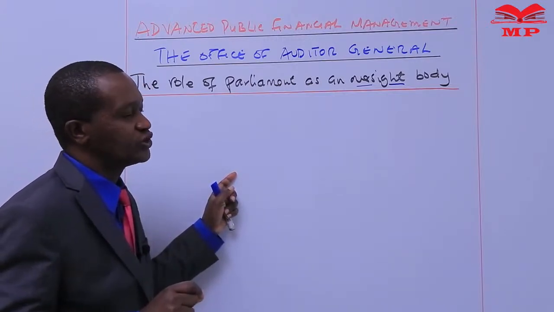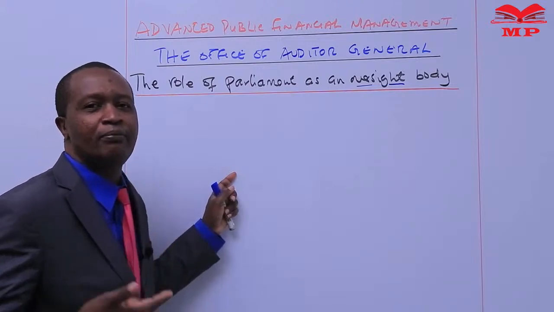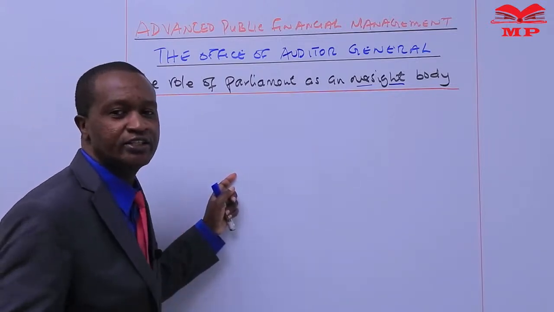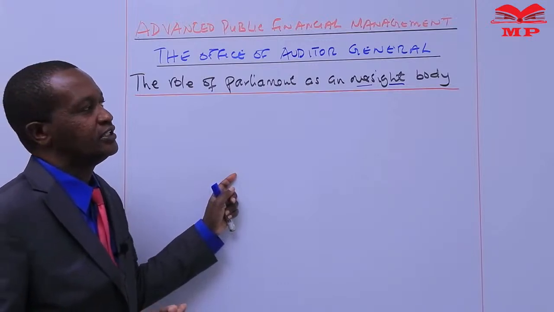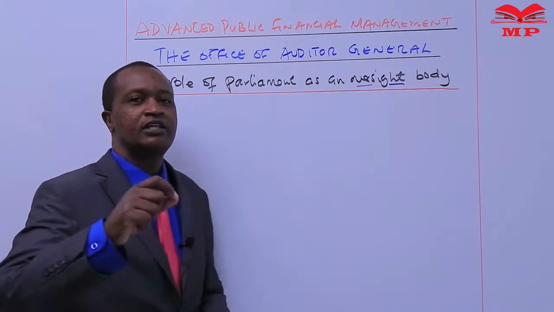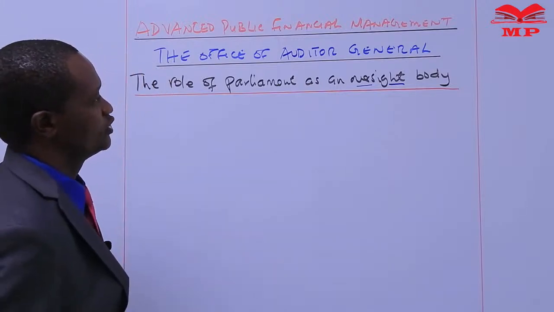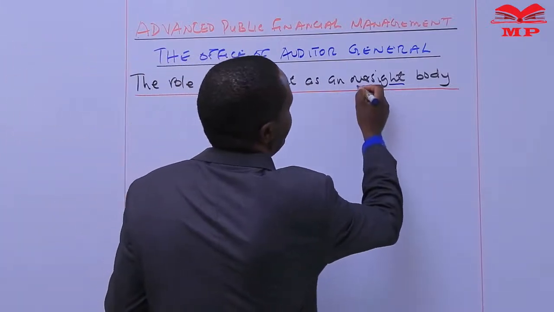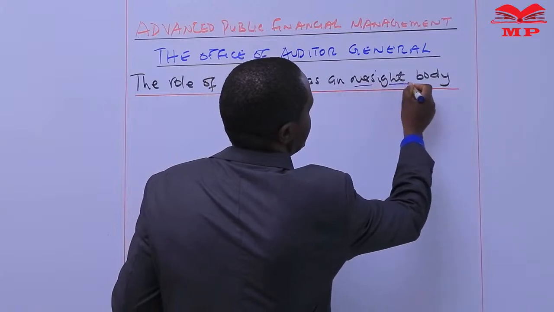Parliamentary oversight also prevents abuse of power, prevents abuse of human rights, and violations by the state authorities. That is the meaning of parliamentary oversight.